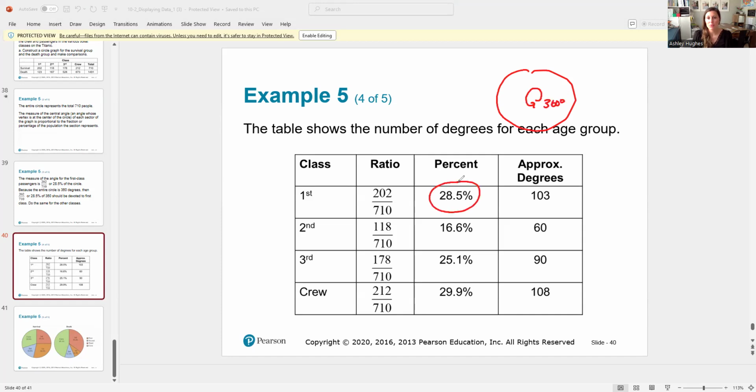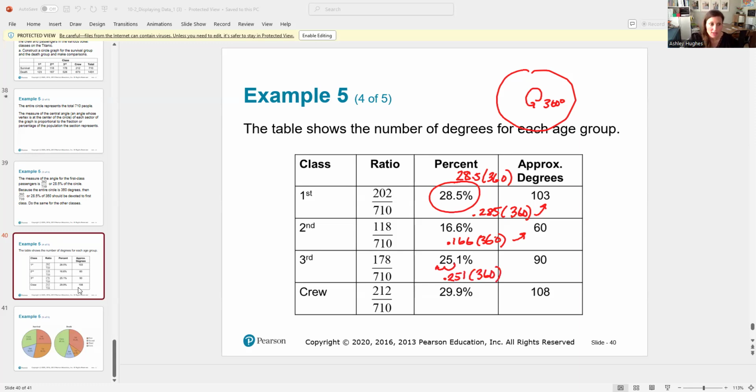So if you take 28.5%, the percentage is actually going to be 0.285 times 360, you will get 103. If I do 0.166 times 360, I get 60. So you're going to multiply, or you could take this fraction, but it's part over whole, and it's the percentage. And to make the percentage a decimal, you're going to move the decimal 2 places to the left and then multiply it by the total degrees in a circle.